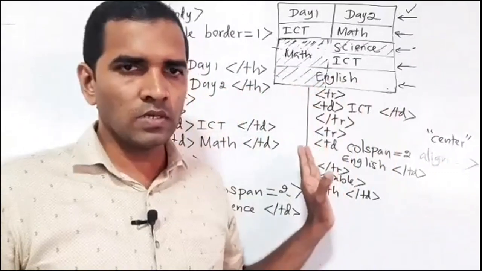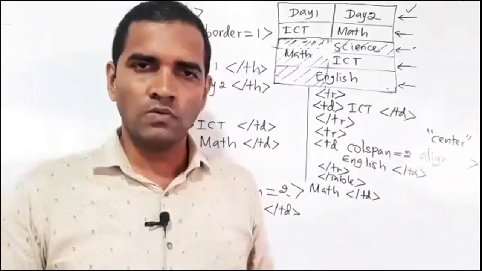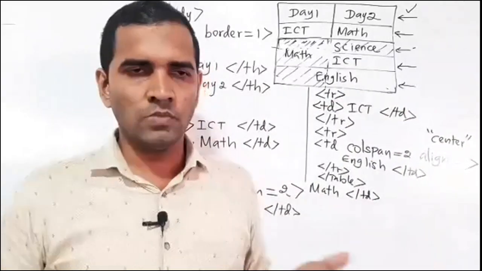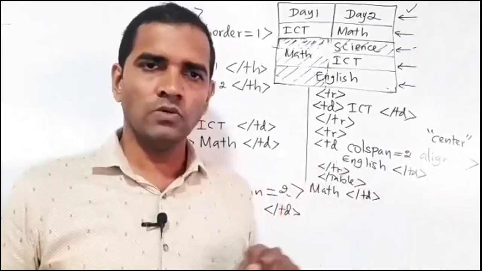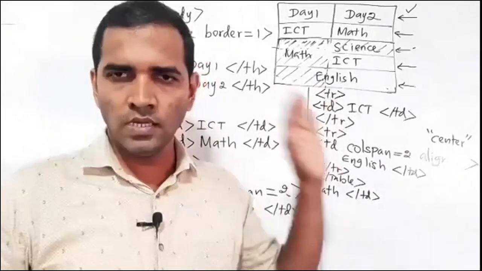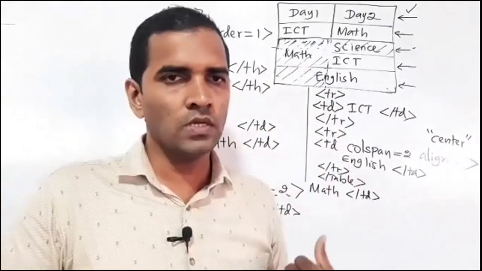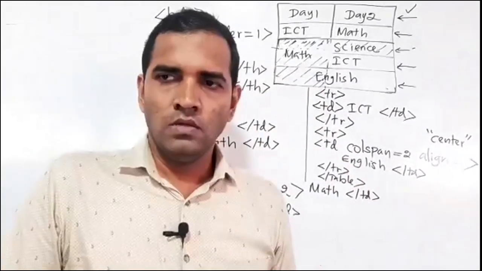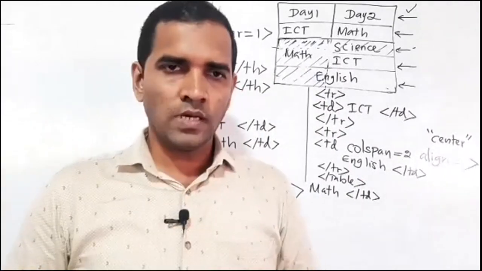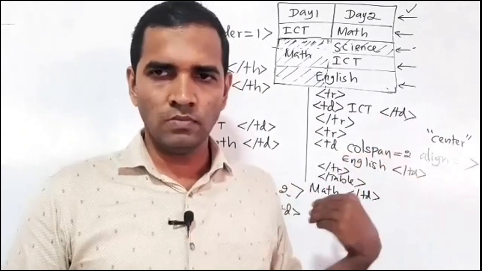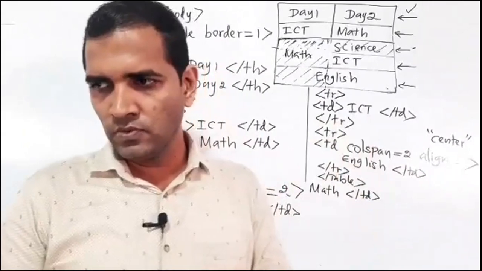If you are clear in this table, you could manage whatever table that you have. Doesn't matter. You merge 3 cells or 4 cells or 5 cells. You could easily manage, right? The idea should be taken from this simple coding. Okay, so I will try another table in the next class, maybe slightly bigger than this one, with merging facilities. Okay, so ask me if you have any doubt.